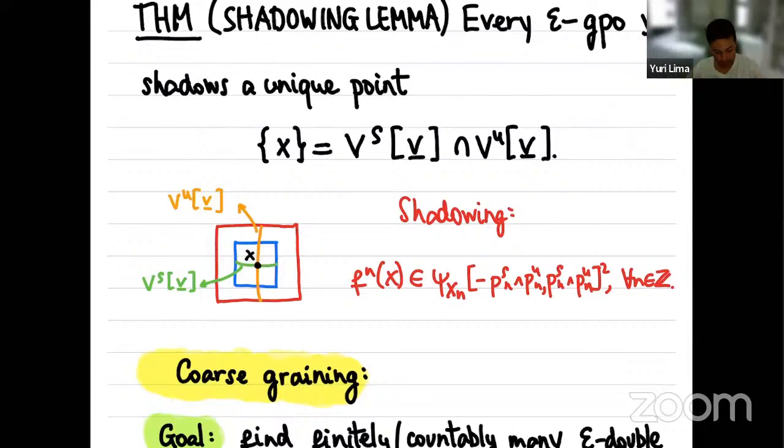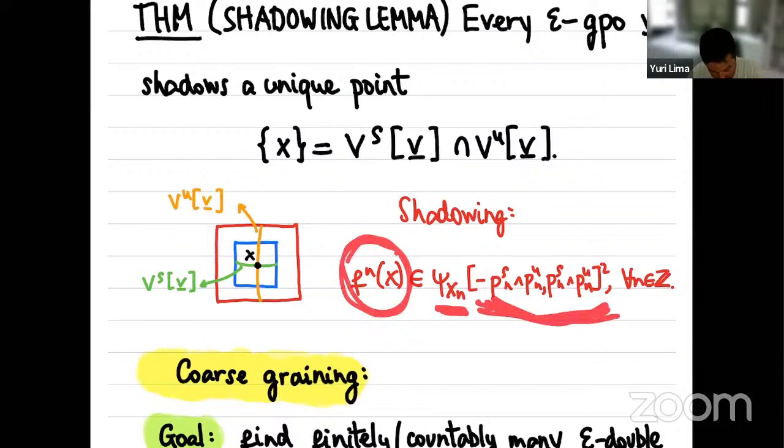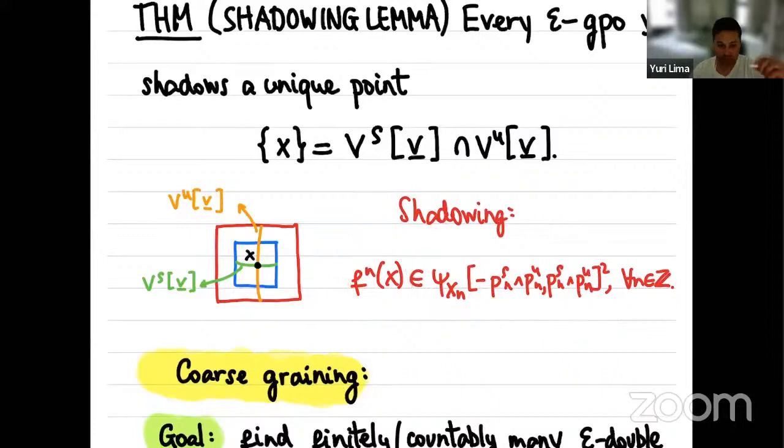And the intersection will be this unique point which I will say is being shadowed by the pseudo orbit. What does it mean? It means that its trajectory is falling inside the images of the passing charts with respect to the minimum of the parameters as well, exactly because this intersection will also be very close to 0.